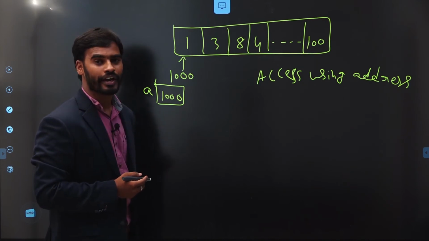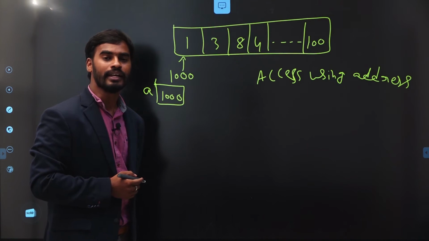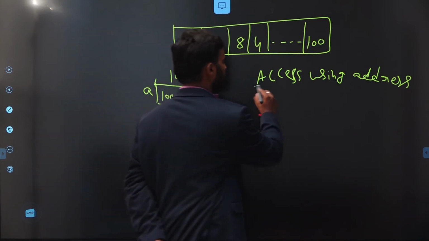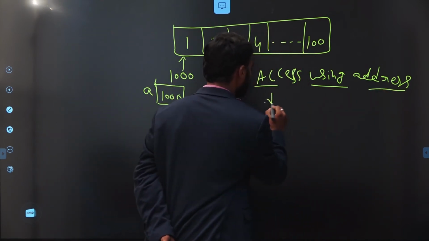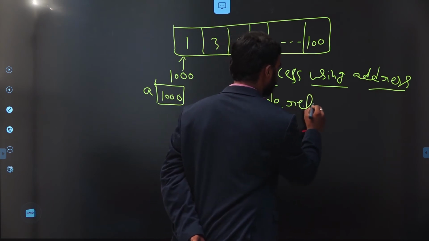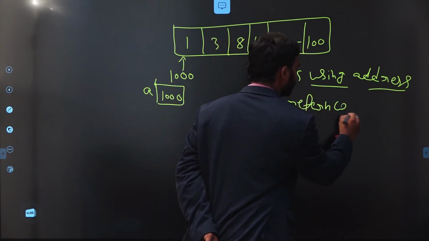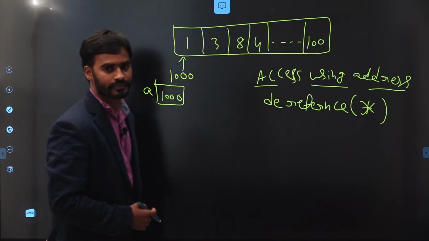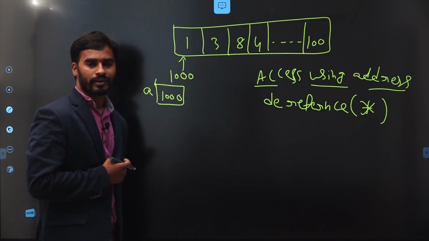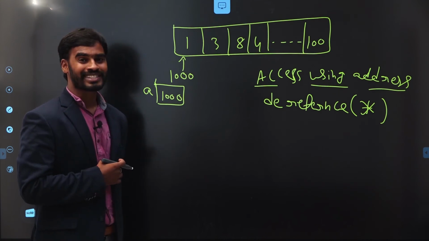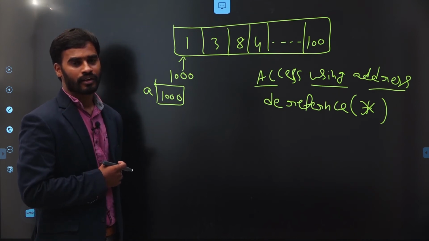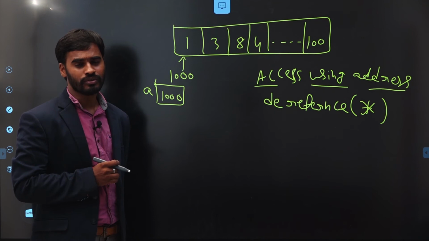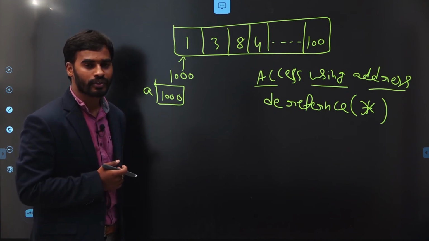So we have an operator called the dereferencing operator. It is a unary operator. It takes only one operand. So there is an operator called the dereferencing operator to access the value if you know the address location.